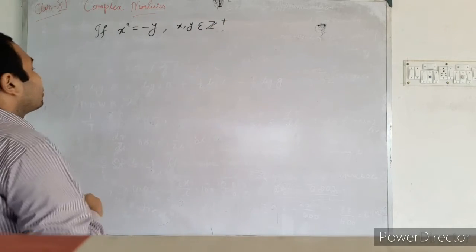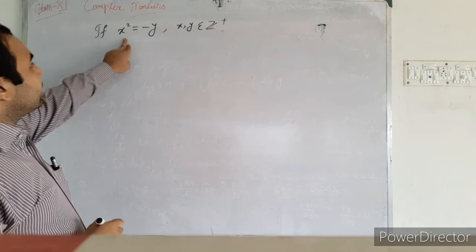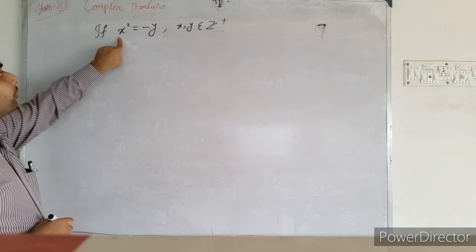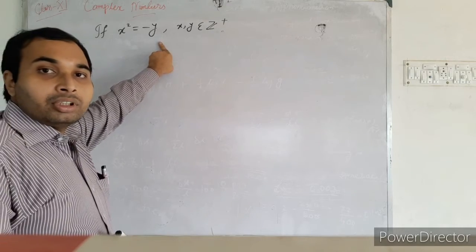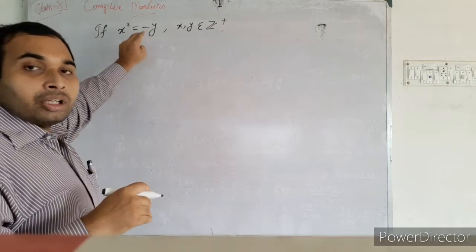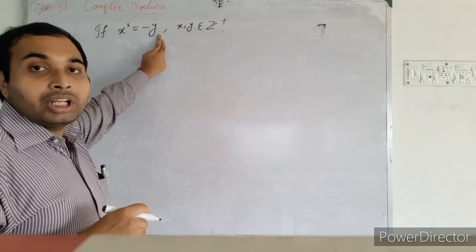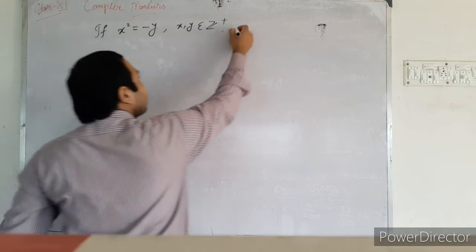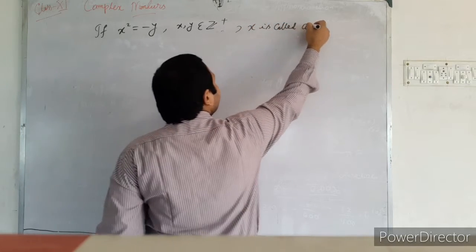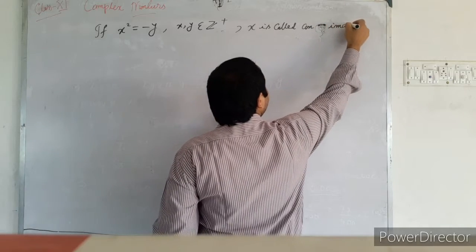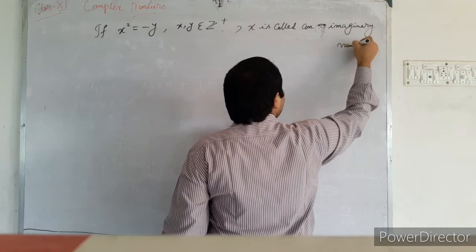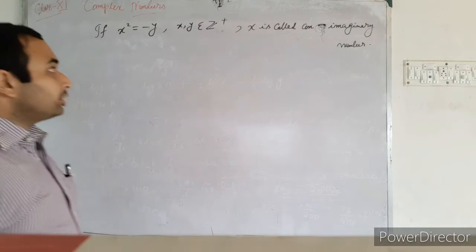So if this condition holds, that the square of one number is negative, which in the real number system is not possible, then that number x is called an imaginary number.